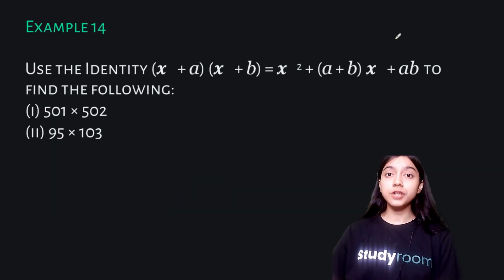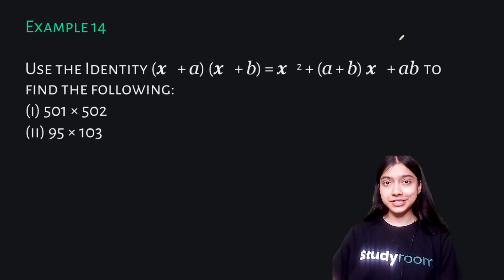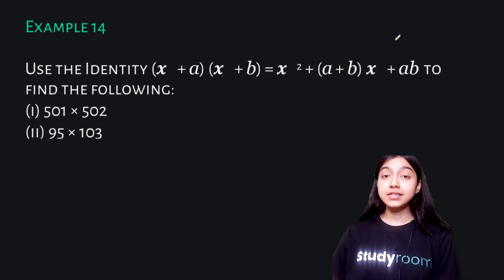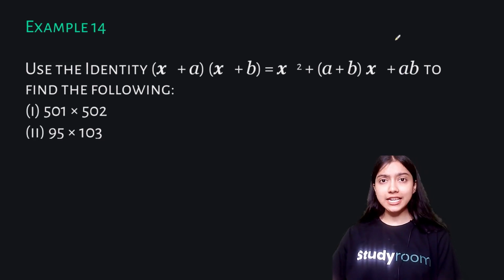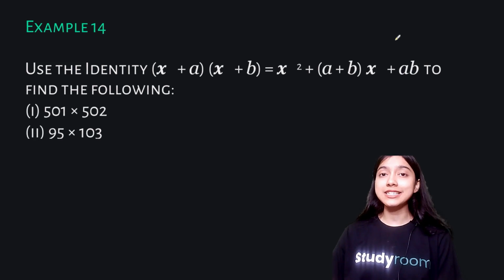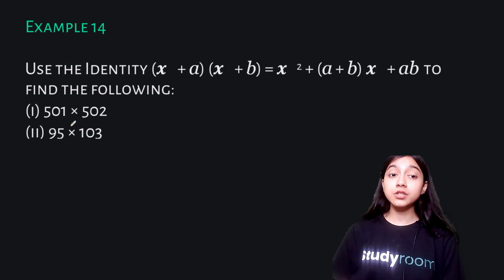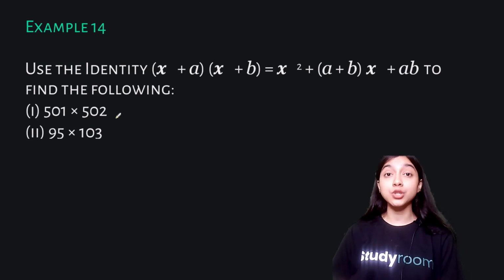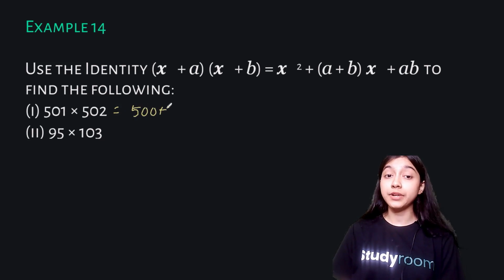Now we will solve some examples on the fourth identity that I taught you. And the identity was x plus a multiplied with x plus b gives us x square plus a plus b into x plus a into b. So the very first question that we have is 501 into 502. So over here, 501 can also be written as 500 plus 1, and it is multiplied with 500 plus 2.